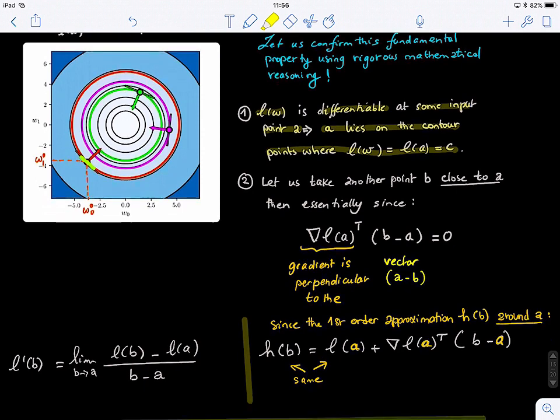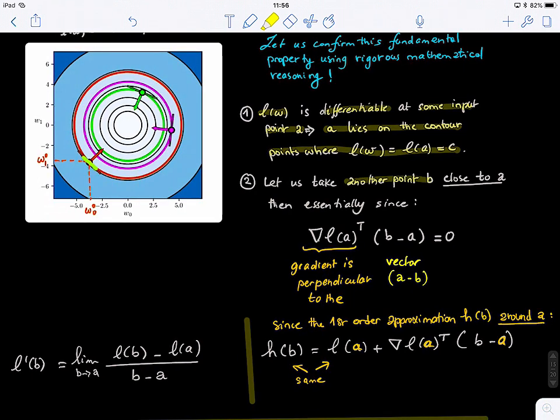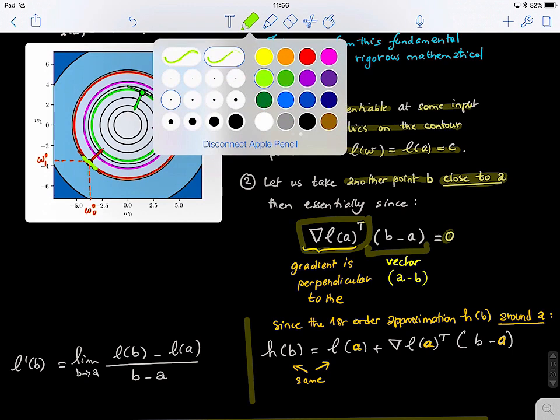Then when we take another point B very close to A, so this is a local approximation, by definition the gradient times the small vector A minus B will be equal to 0. In this case, it means that their dot product is equal to 0, right?